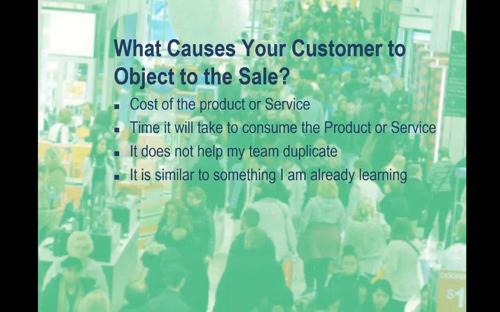They may say it doesn't help my team duplicate, because they don't see how learning online education for social media marketing and the tools it takes to run a business can help their team duplicate. It does, but they may not see it.